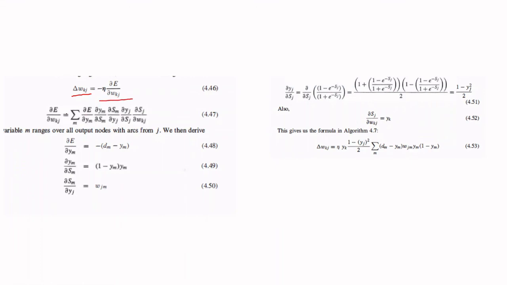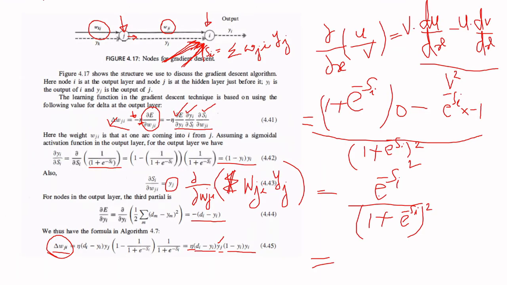Now this term also can be written in terms of Ym. Ym stands for the mth output. You can have m number of output nodes, right?